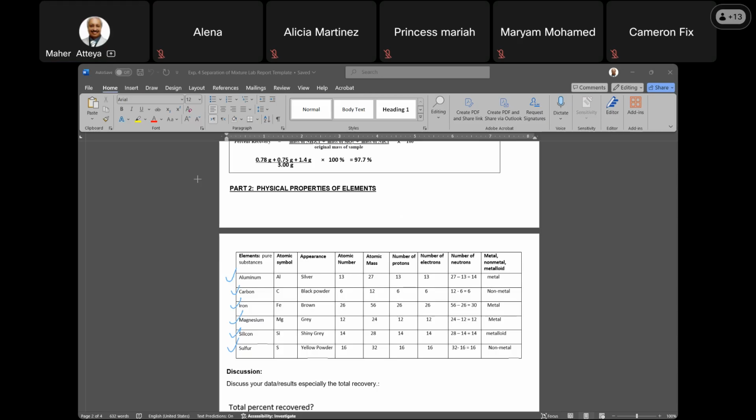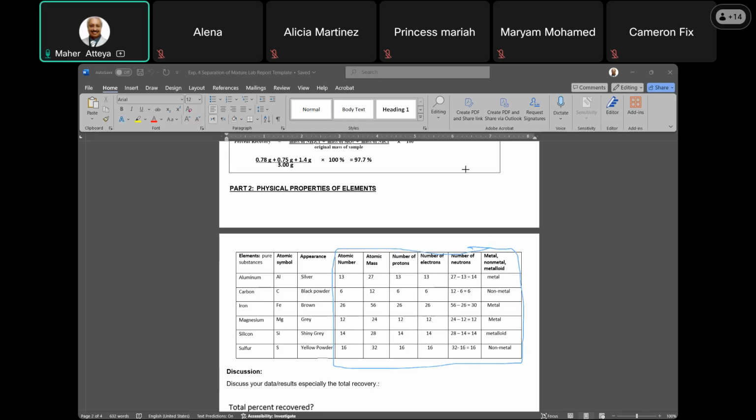Now, that's the appearance. These are the symbols here from the periodic table. We are interested mostly in this.